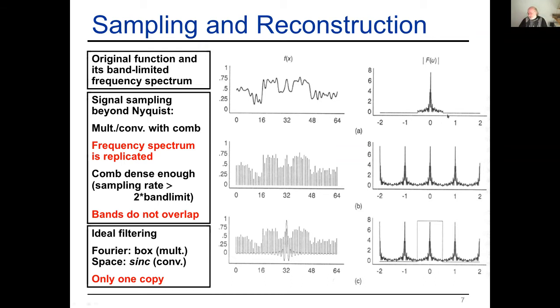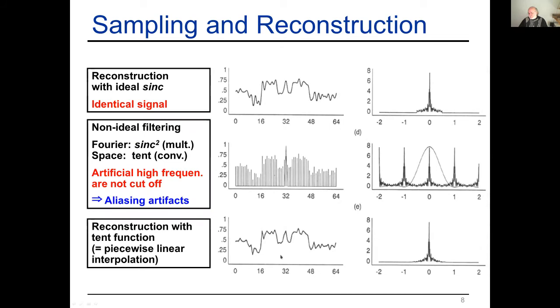I have to make sure that the spacing is twice as wide as the maximum frequencies. That means I need to sample with at least twice my highest frequencies. So that moves my copies far enough away from each other such that if I would use a perfect box filter, I could cut out the one copy that I want, right? I only get one copy, and if I had a perfect box filter, I could now reconstruct the original signal again.